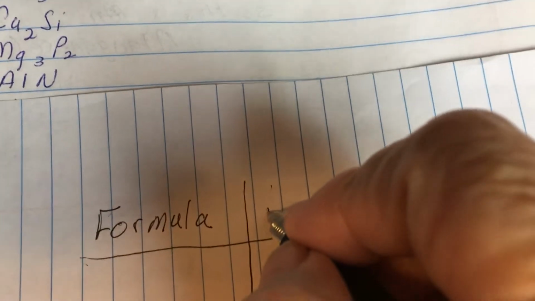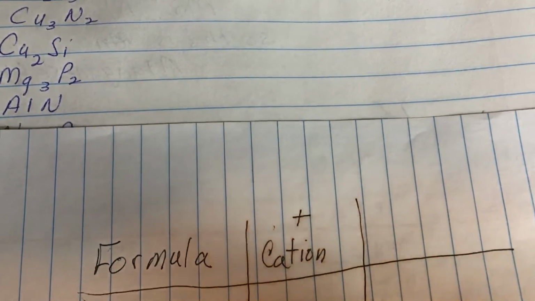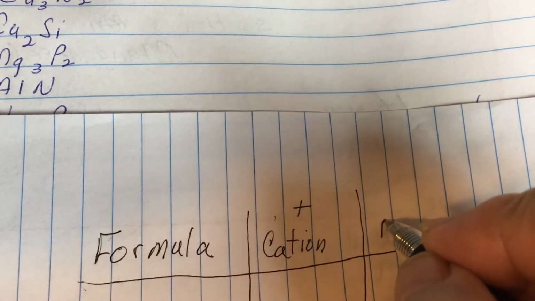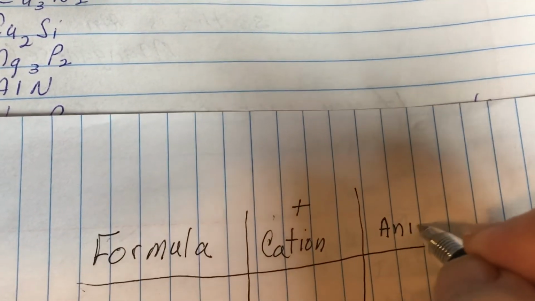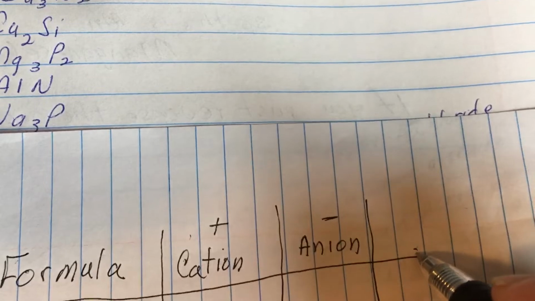I want you to write formula at the top. And then the positive ion, which is a cation. And we'll put a positive up here so you know that. And then the negative, the anion, which is negative. And then you're going to name it.